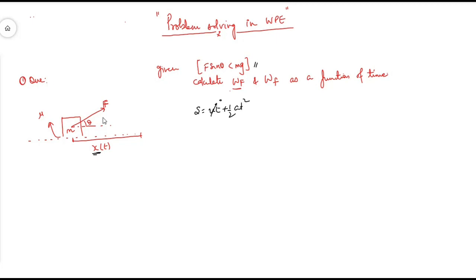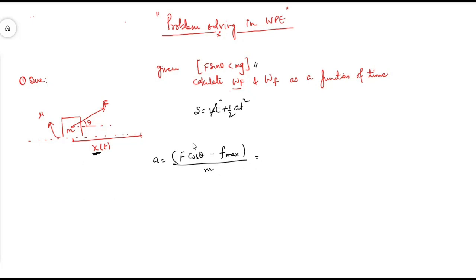So let's first figure out the acceleration. In this case I'm going to assume that the block is moving. So the sliding is there and the maximum friction is going to act. So acceleration in this case will be F cos theta, the horizontal component, minus the maximum frictional force, divided by m.